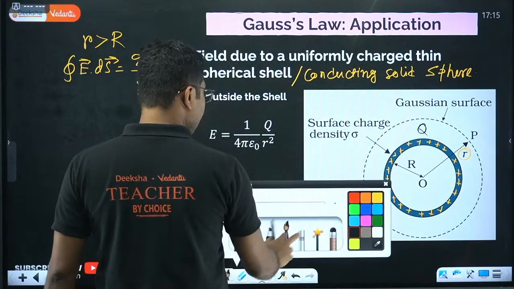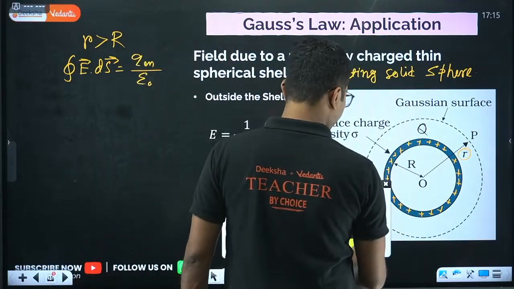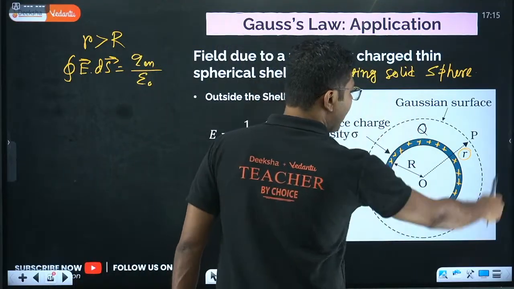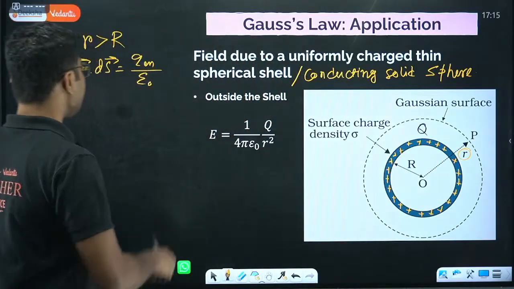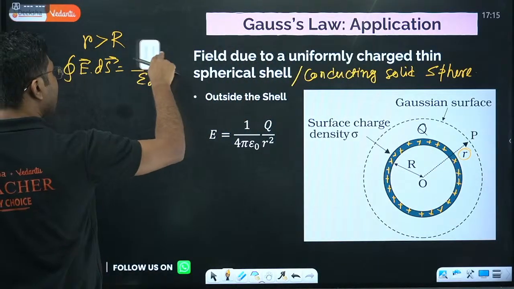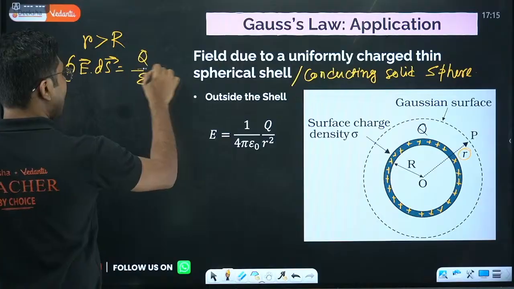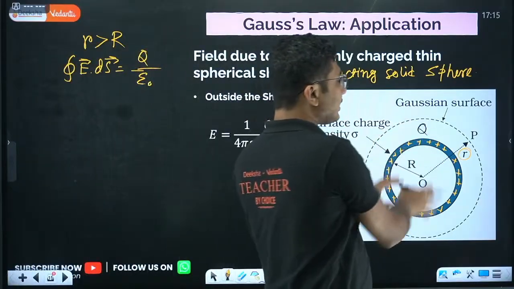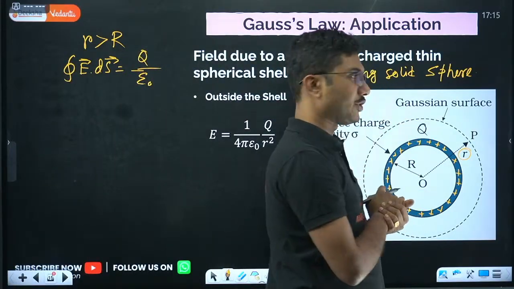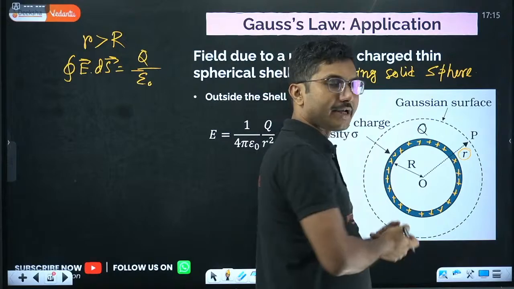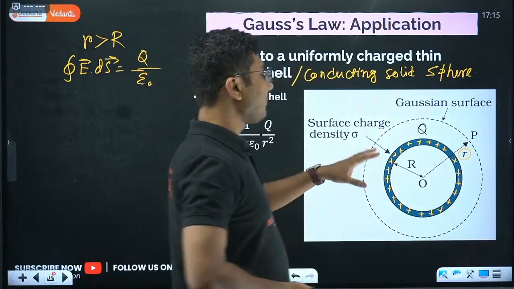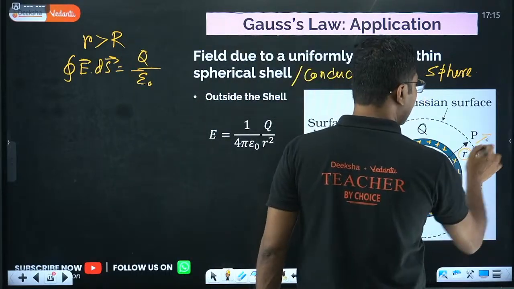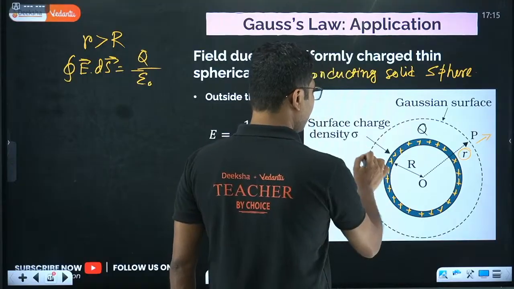Now if you consider this dotted line as your Gaussian surface, what is the total charge enclosed? Total charge enclosed will definitely be capital Q only here, because the entirety of this charge is enclosed by this Gaussian surface. And because it's a spherical symmetry, electric field will be constant no matter where you are calculating it.